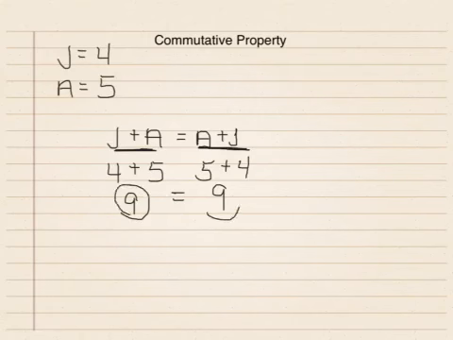And the reason I use this example is that we look at the word commute. What does that mean? Commute means to travel to work, so rather than going to work, our families are commuting to Disney World.